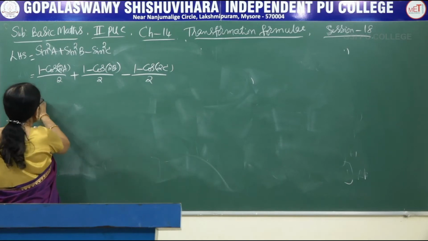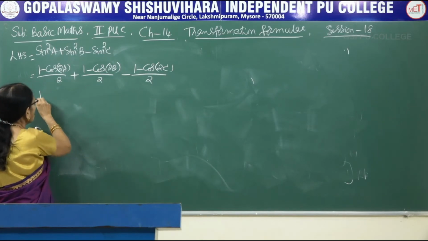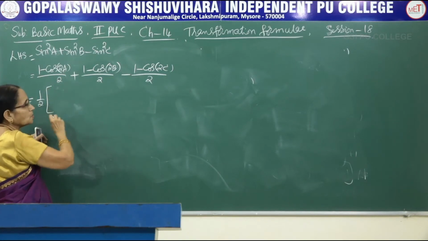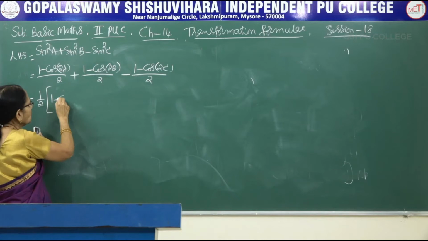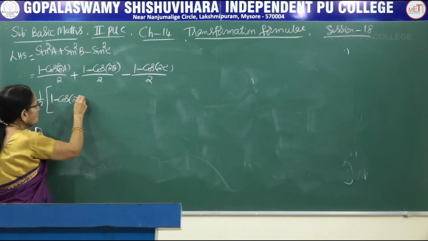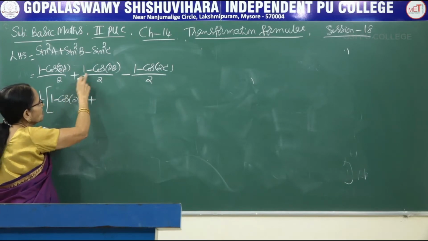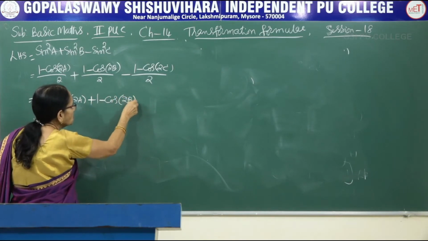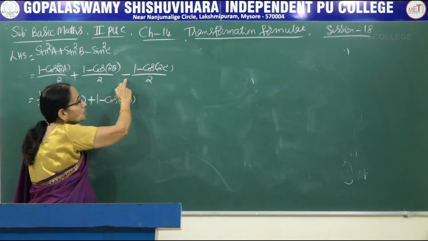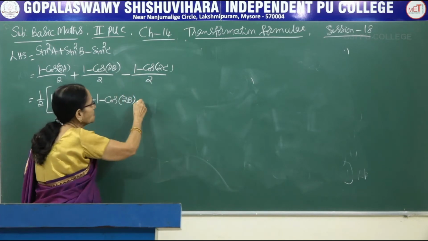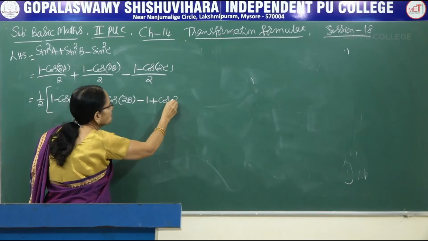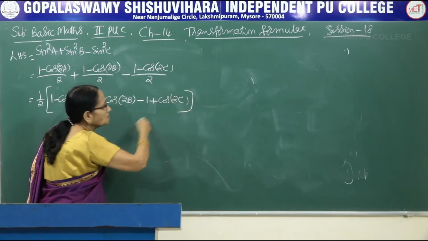Now, as in the previous problem, take this 1 by 2 outside, not this 1 by 2. Generally, this 2 I have taken. Carefully write 1 minus cos of 2a plus 1 minus cos of 2b. Here it is minus. Both of them should be multiplied by the minus sign. So minus 1 minus of minus plus cos of 2c.